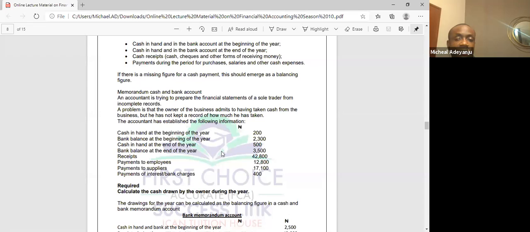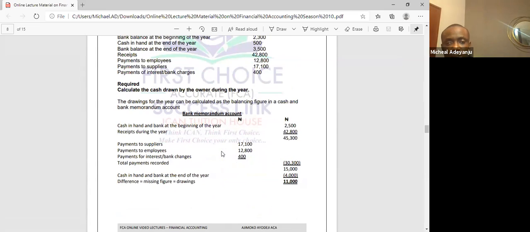We have bank balance at the beginning of the year, cash in hand and bank balance at the end of the year. We have receipts. We have payment to employees, payment to suppliers, and payment of bank charges and interest. I think this is just so cool. Everything was given to us, and we can just easily determine how much was withdrawn from the bank.